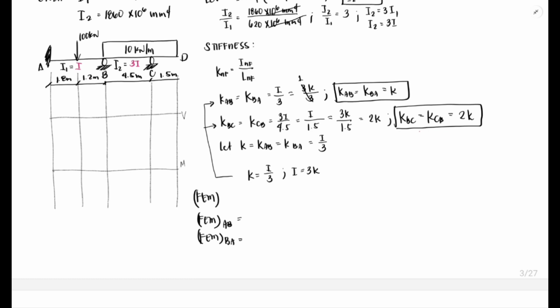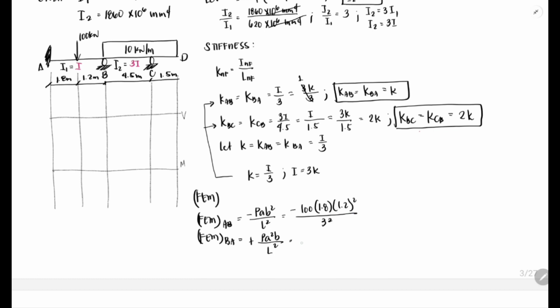Okay? So, our fixed end moment dito would be negative PAB squared over L squared. And then here we have positive PA squared B over L squared. So, lagay lang natin negative 100 multiplied by A, which is 1.5, multiplied by 1.2 raised to 2. Okay?